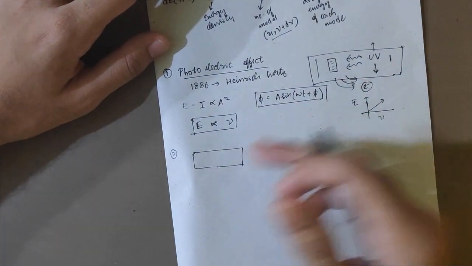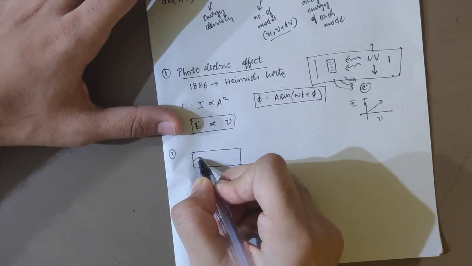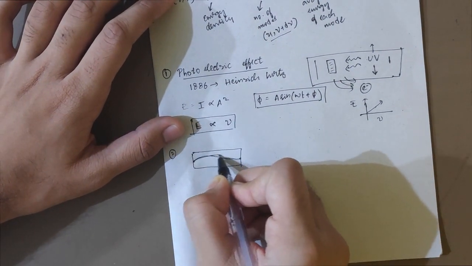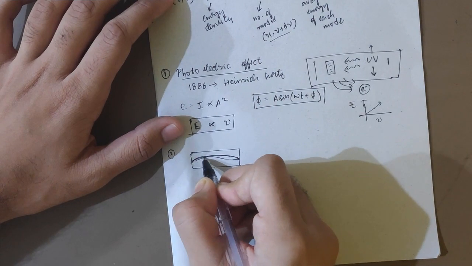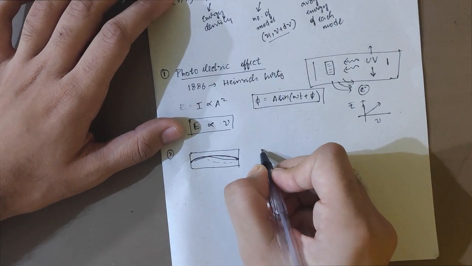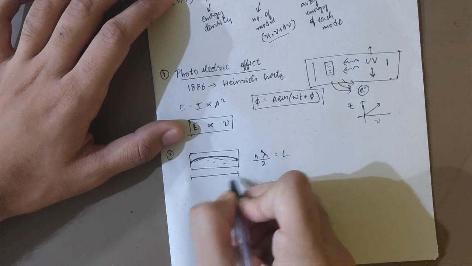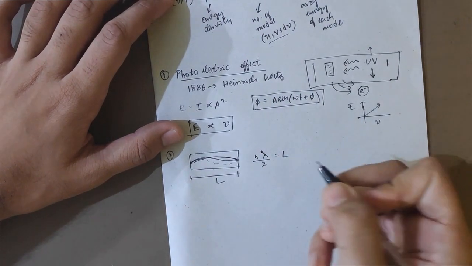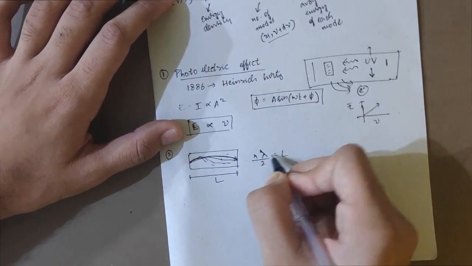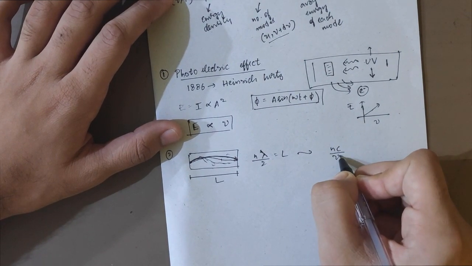Now if we reconcile the given picture with classical waves, we already found that you can have waves only where their amplitudes are 0 at the ends, and the waves can only have wavelengths such that n lambda by 2 equals L, where this was L. If lambda was the wavelength of the wave, then these were the only allowed wavelengths. And from wavelength, this implies you have n c by 2 nu equals L.